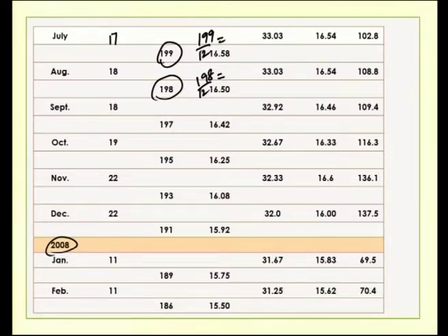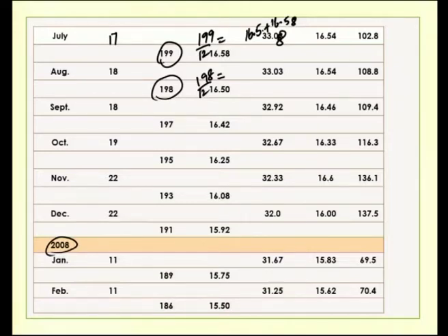How to center? 16.5 plus 16.58, this is equal to 33.08, and that is written in between the middle of the two values.